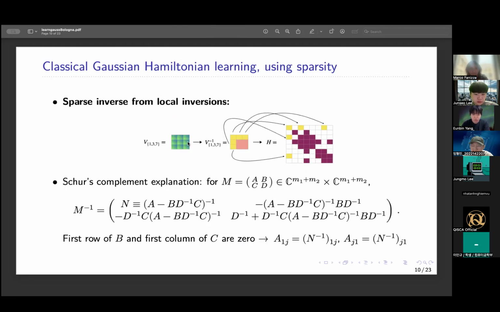Let me repeat this graphically. If you look at the covariance matrix of vertices 1, 3, and 7, and you invert it, and you look at the first row and the first column, if you have them exactly, then these really correspond to the first row of the full matrix H and the first column of the full matrix H. And if you have errors in the initial covariance matrix, then you have learned the matrix elements of the full H with some error.